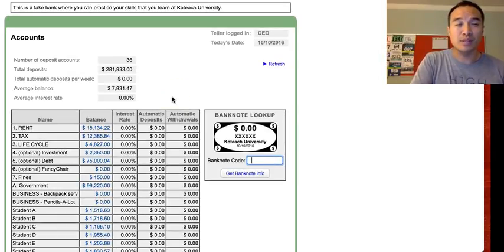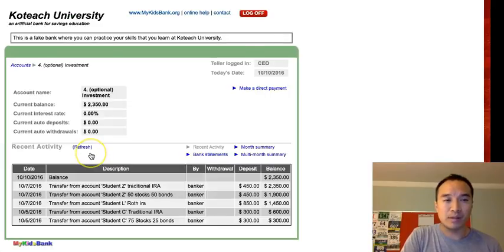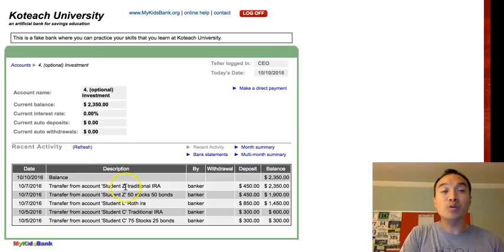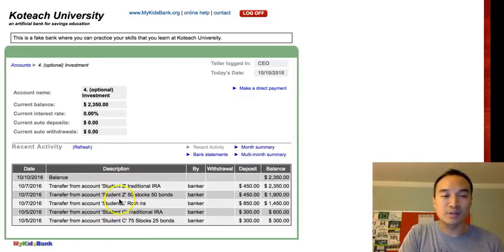All right, so as you log in, you'll get this page, and we're going to do two things. So the first thing is we're going to pretend that we are the investment banker, and we are going to check the investments. So I'm going to click right here, investment right here, and click right here, the account. And this tells me three things. The first thing is it tells me who wants to invest. See all these student C, student L, student Z. The second thing is they'll tell me what they want to invest in.